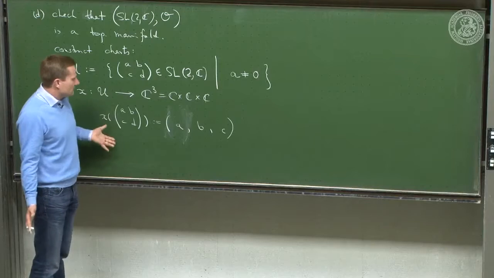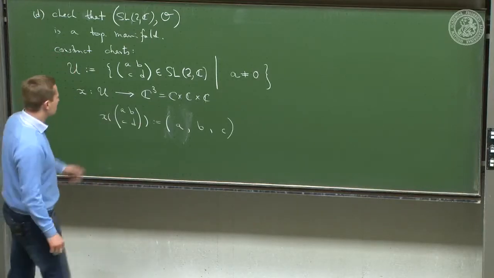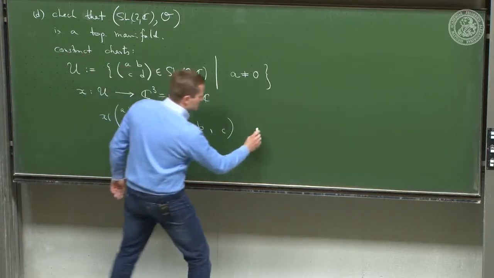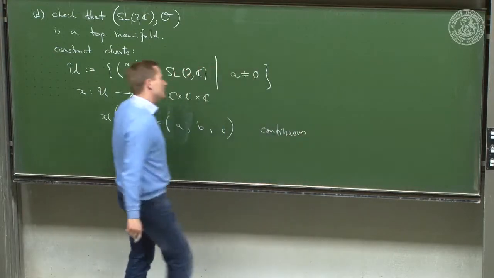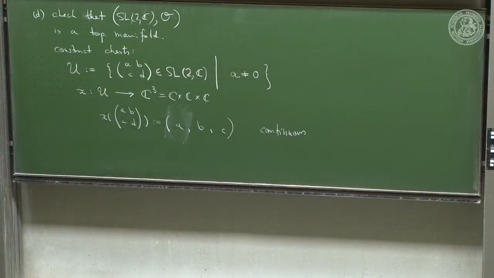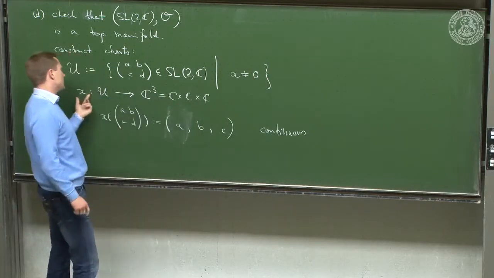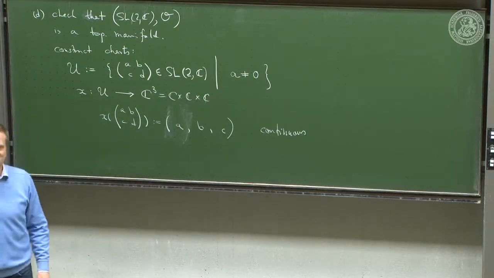In that topology we constructed, it's continuous to just look at this and write down this. What do you need to check? You need to check whether the pre-images of open sets are open. Pre-images of open sets here under this map are open here. This is the case. It's very trivial.